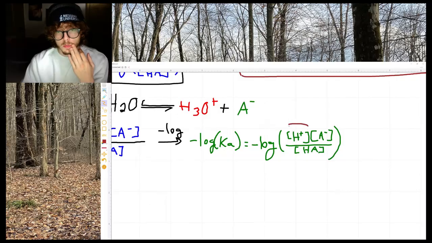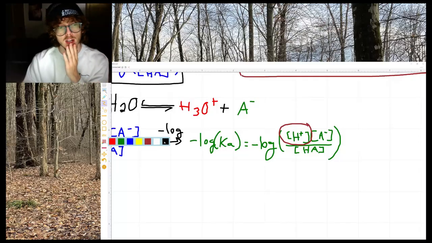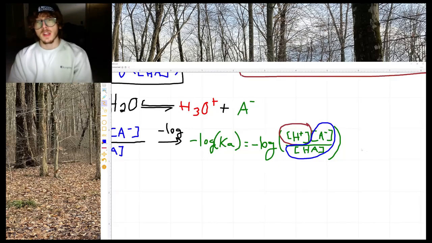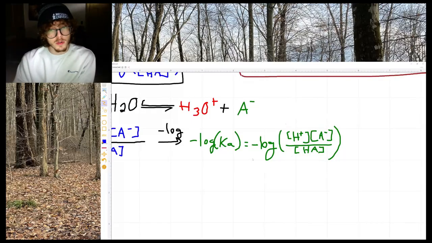So we're going to group this as its own log, negative log of the H plus. That maybe should ring a bell, but we'll explain what that means in a second. But then we have a concentration of the conjugate base over that acid. So hopefully you can see it here. Maybe. If not, we'll go through it.